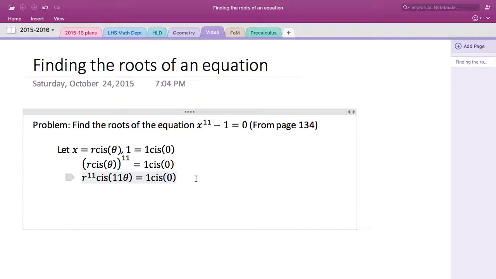Now left side and right side are equal, so this r to the 11th power must be equal to 1, and this 11 theta should be equal to 0.